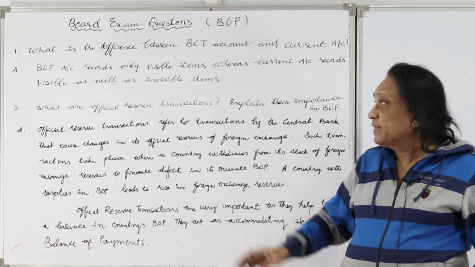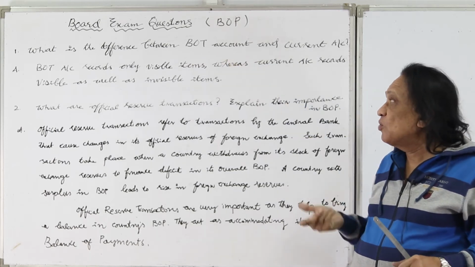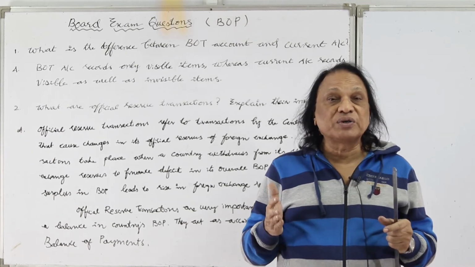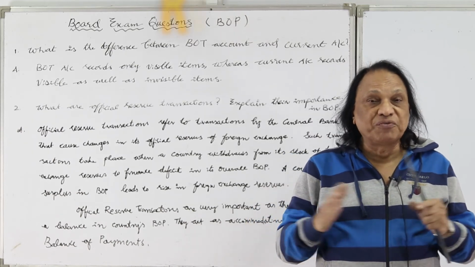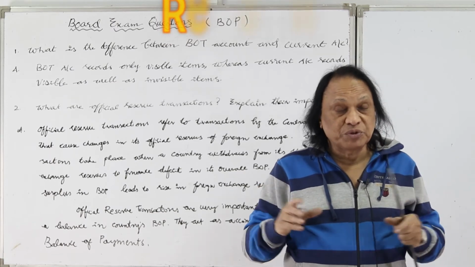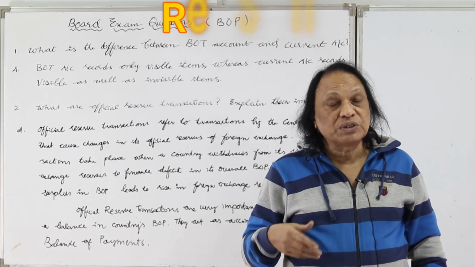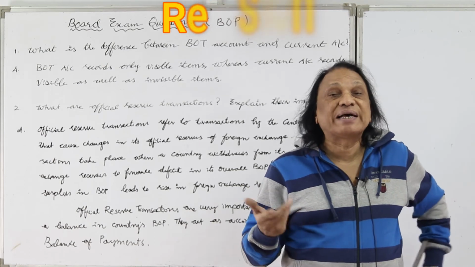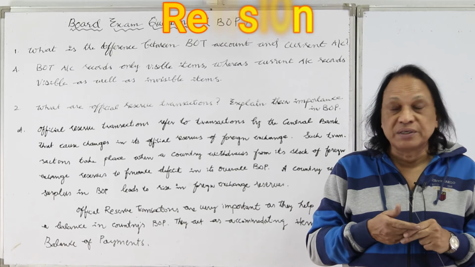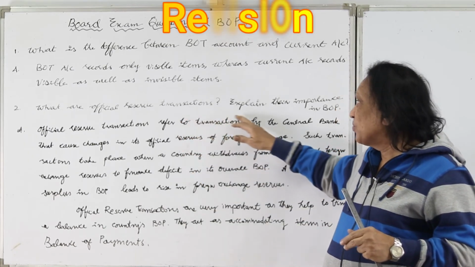To put it in one sentence: first question, what is the difference between BOT account and current account? BOT account includes only the value of visible items like goods. It does not include invisible items, whereas the current account includes the value of visible as well as invisible items, that is goods and services. And what are official reserve transactions?